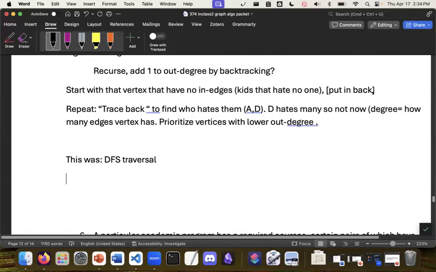So first of all, what kind of graph is this? Yeah, so no cycles, tree.